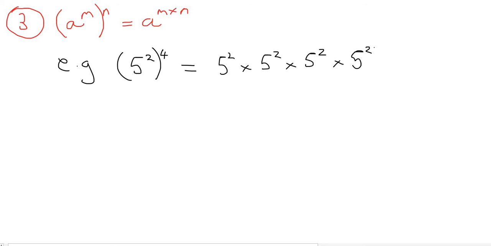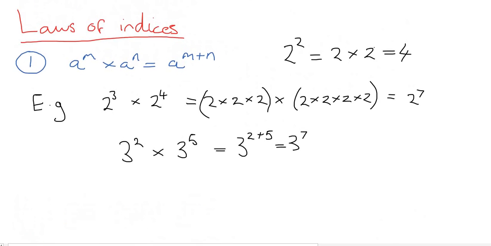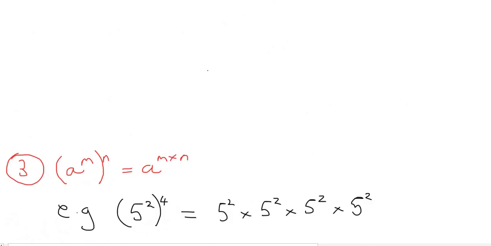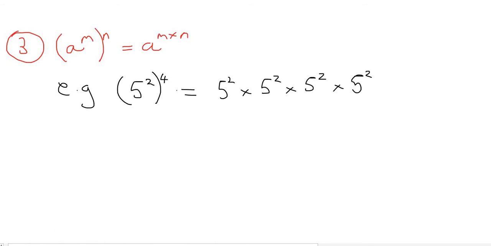And now we can just use rule number 1, which says a to the m times a to the n equals a to the m plus n. So let's use that. This is just going to equal 5 to the 2 plus 2 plus 2 plus 2, which equals 5 to the power of 8.